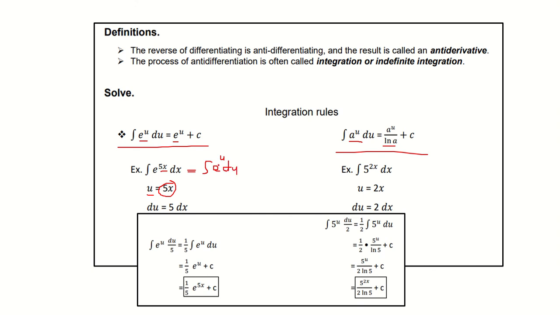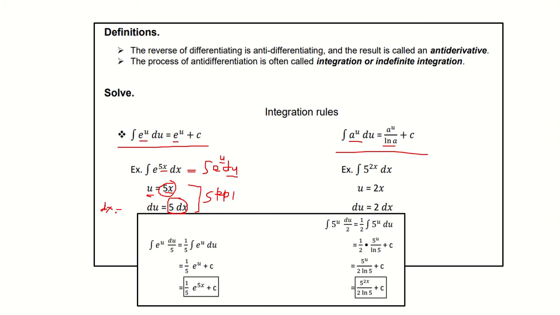So, it means kung naatay u, naputay du. The derivative of u is du. Derivative of 5x is 5 dx. This is step number 1. Okay. So, it means ang du is 5 dx. Or ang dx, what is dx?